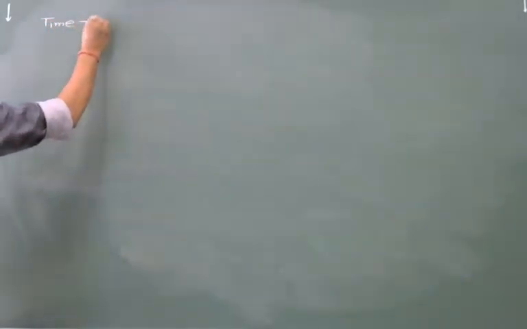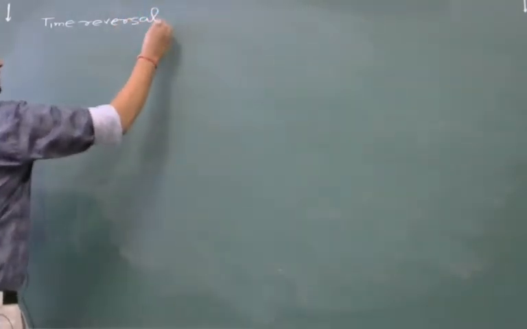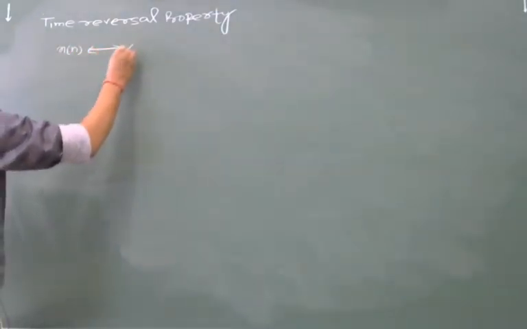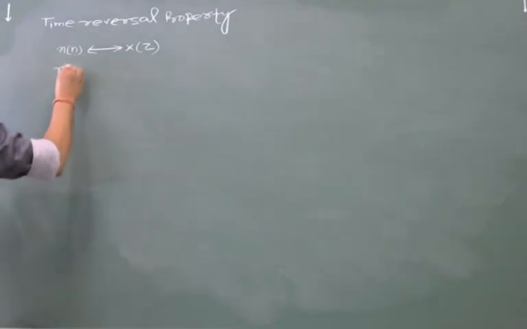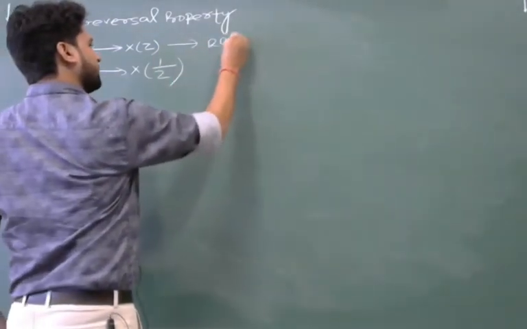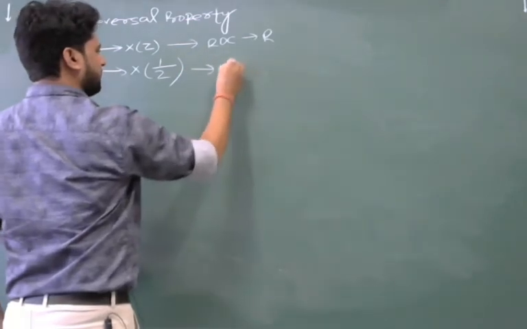The time reversal property indicates that if the z transform of a sequence is x of z, then the z transform of x of minus n will be equal to x of 1 by z, and if the ROC of this x of z is r, then the ROC of this will be 1 upon r.